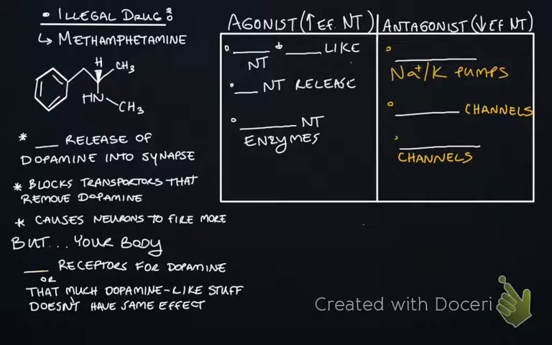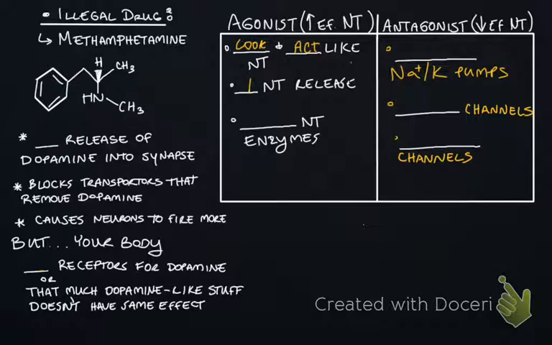So lastly, let's talk about methamphetamine, and that's an illegal drug that acts a lot like dopamine. But before we do that, I want to talk about how they classify drugs, either as agonist or antagonist. So if it's an agonist, that means it's going to increase the effect of the neurotransmitter. It will look and act like the neurotransmitter.